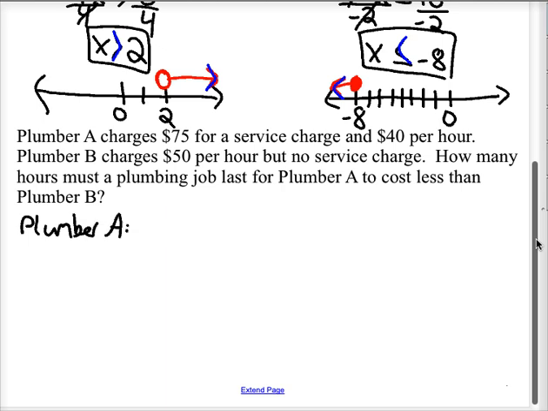So to represent the cost for plumber A, they have a $75 charge. All right, so $75 no matter what, just service fee. And then they only charge $40 per hour. So $40 for every hour. Remember how we represent that. All right, and again, letting H represent the number of hours.